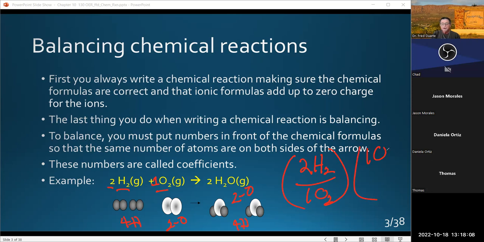Or as 1 oxygen over 2 hydrogens, okay? That's our ratio that connects the hydrogen and the oxygen, 2-to-1, written with hydrogen in the numerator or hydrogen in the denominator. And like we did way back when we were converting units, that conversion factor is a ratio. You can write it one of two ways. Which one we use depends on the question, okay?